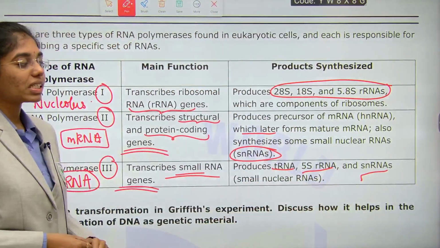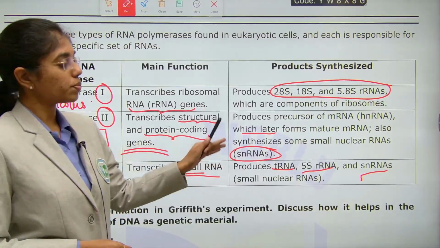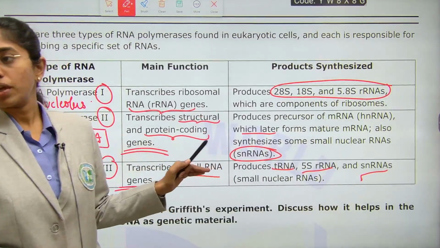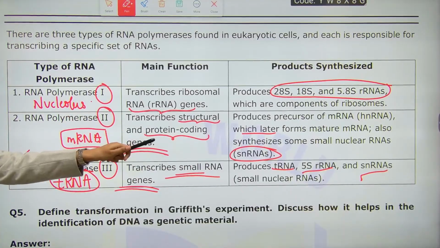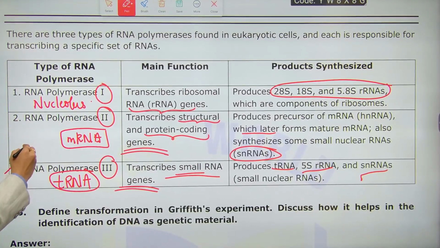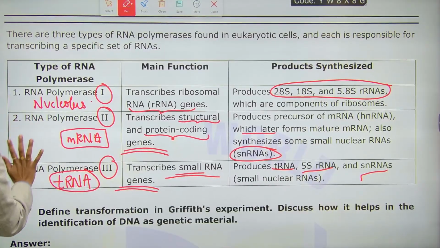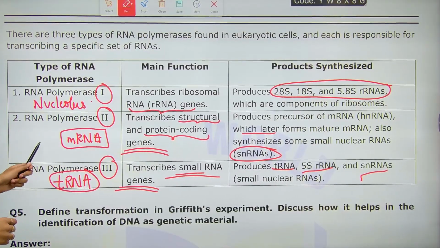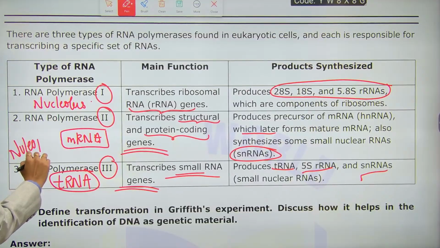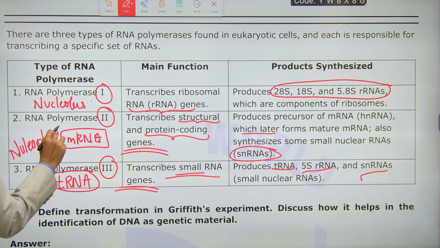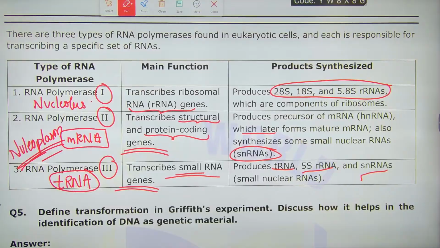And 5S rRNA is one of the components present in the ribosome. Fine. So these are the products that are synthesized, the main function, and the location where they are being produced. So both tRNA and mRNA are synthesized inside the nucleoplasm.